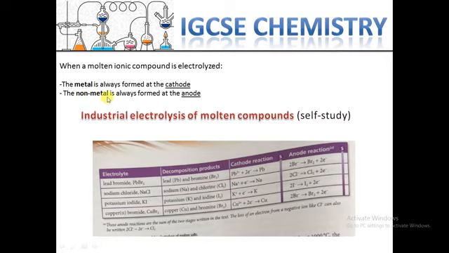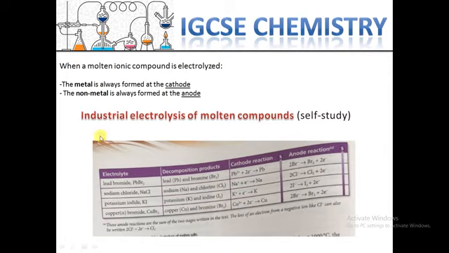So the non-metal is always formed at the anode. Okay, they are attracted to the anode. So it depends on the type of non-metal. They may form a gas and leave the place, but it depends on the non-metal.